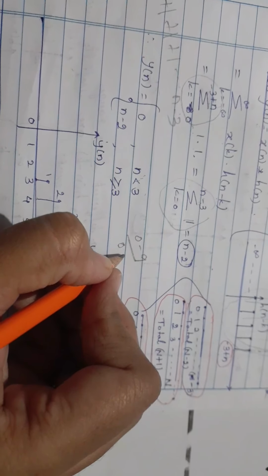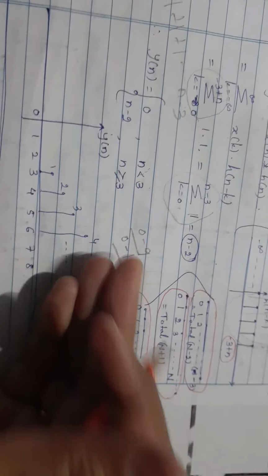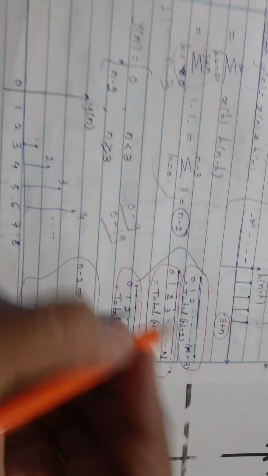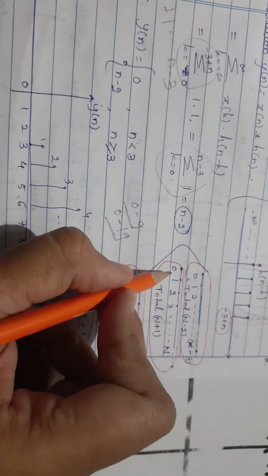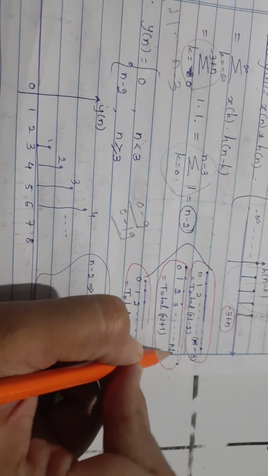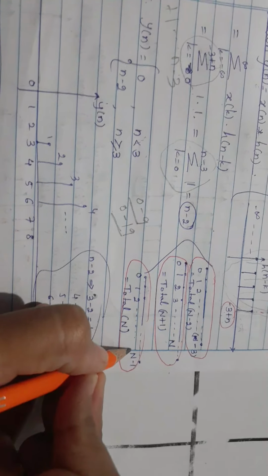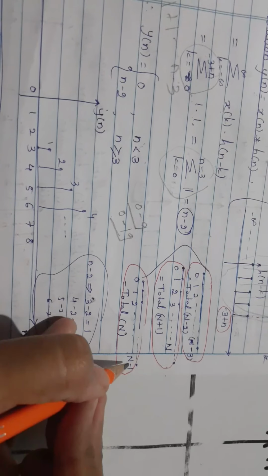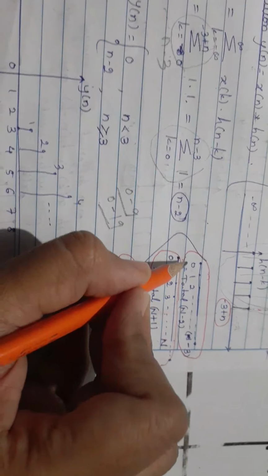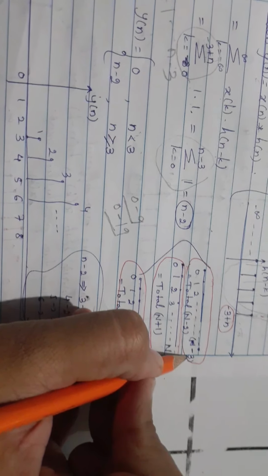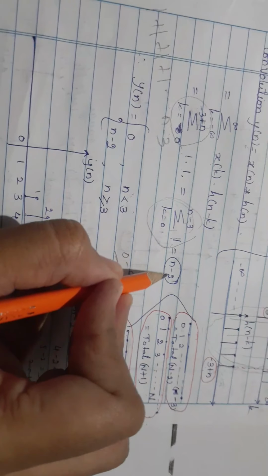If the range is 0 to 19, 20 terms, one more than the last term. Likewise, if the values are 0 to n, total values will become n plus 1. Then if the range is from 0 to n minus 1, one more than this, that is n. So if it is 0 to n minus 3, n minus 2 values. So the answer for this is n minus 2.